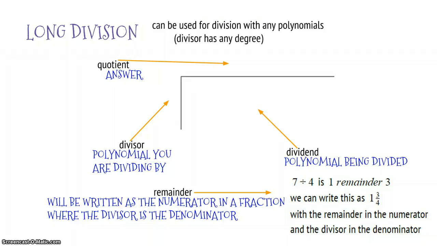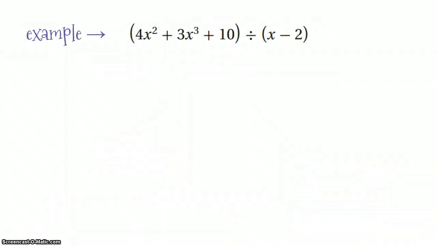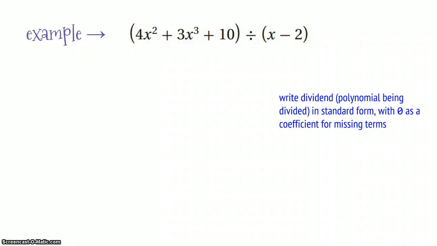Okay, let's look at this actually with polynomials. 3x cubed plus 4x squared plus 10 divided by x minus 2. We want to write the dividend, the polynomial being divided, in standard form with 0 as the coefficient for any terms that are missing.